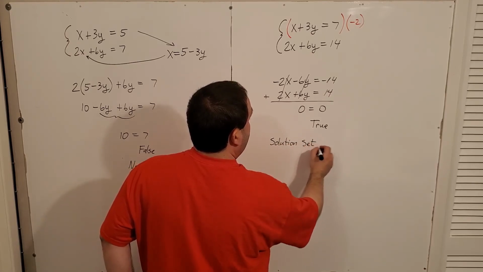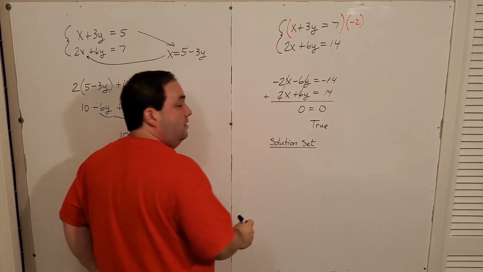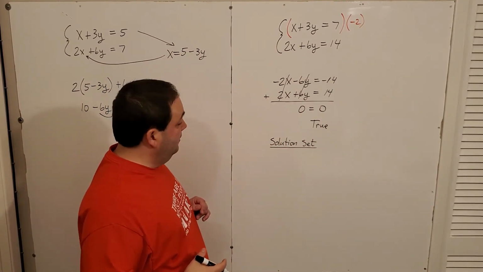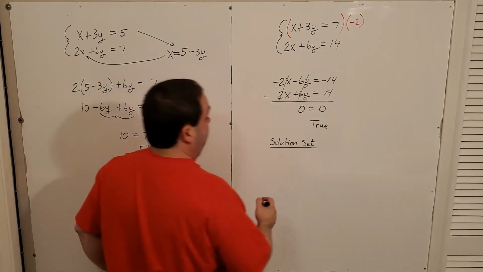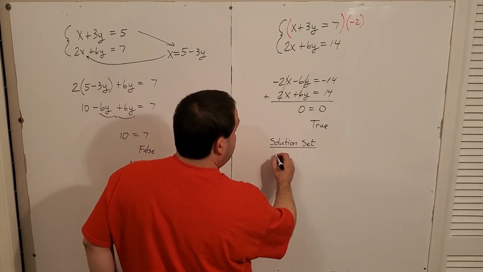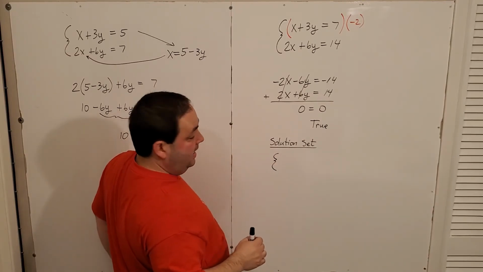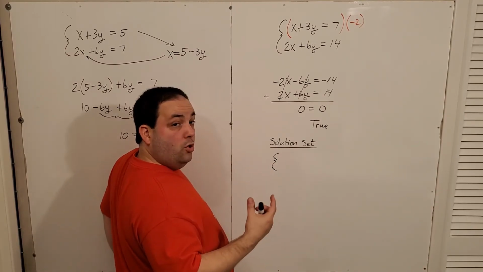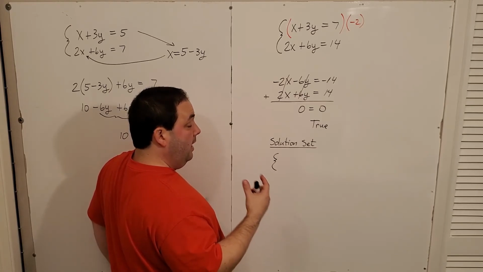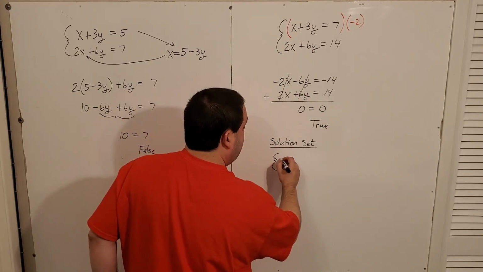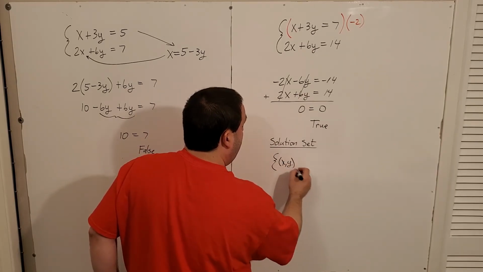And I'm going to go ahead and give you the most generic version of a solution set that we can get here, which is with set notation. Okay? So my solution set is the set of all, right? We do squiggly braces for sets, and my sets are ordered pairs, points, right? Each solution that's possible is a point. So I represent that with x and y.